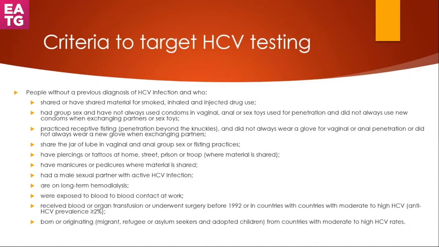The same applies for fisting or sex toys, sharing the jar of lube during group practices, having piercings or tattoos at home, street, prison, or army, having manicures or pedicures where the material was shared, had a male sexual partner with active hepatitis C infection, long-term hemodialysis, exposed to blood contact at work, or had a blood or organ transfusion before 1992, or coming from countries with high hepatitis C rates.